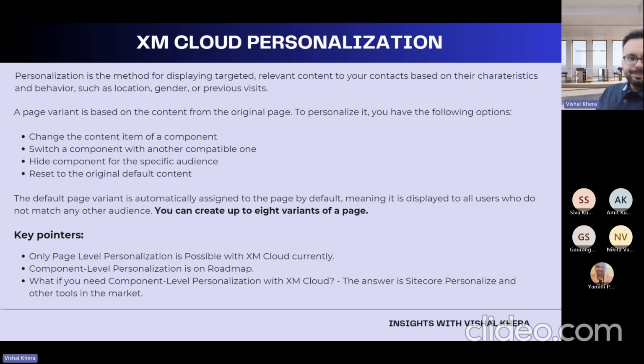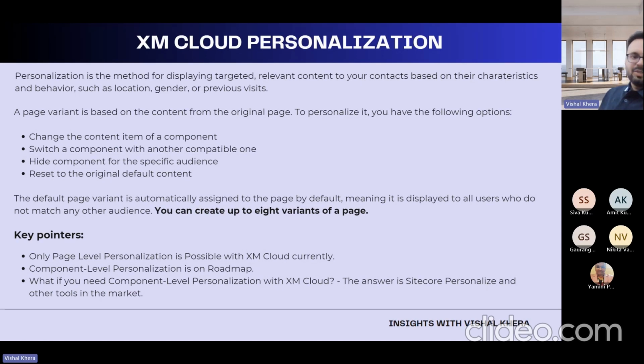Then with personalization, we can change the content item of a component. For particular users, we want to show some different content, and for other categories of users, we want to show some other content. So we can do those adjustments. Then we can switch a component with another compatible one.